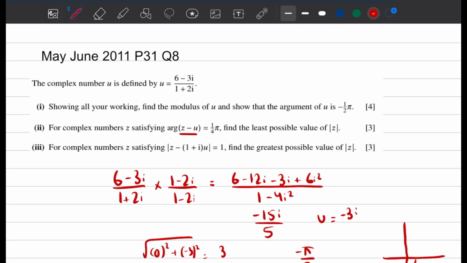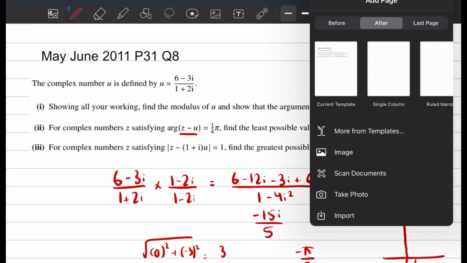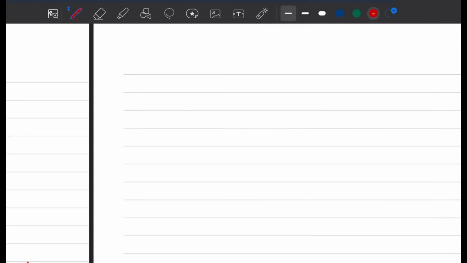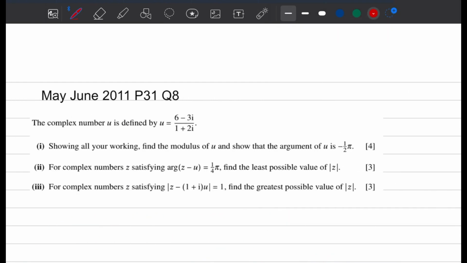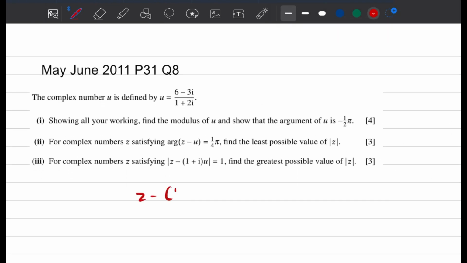Now the third part. It says z minus 1 plus iu is equal to 1. Find the greatest. Okay, this is the complex number of a circle. पहले बच्चे आप क्या करोगे? सबसे पहले आप क्या करोगे बच्चे? 1 प्लस आई से -3i को मल्टीप्लाई करोगे, राइट? तो z -3i -3i square.